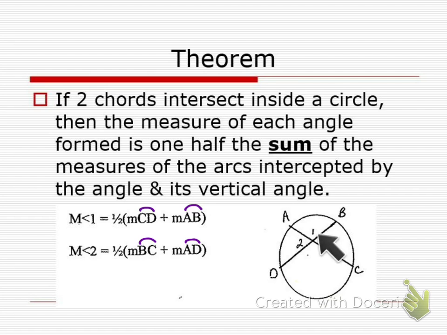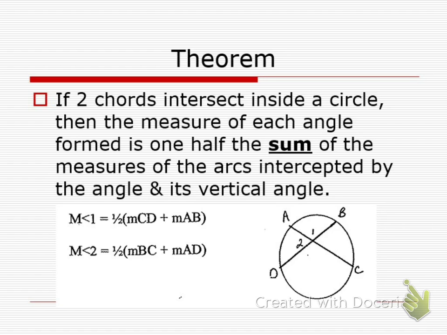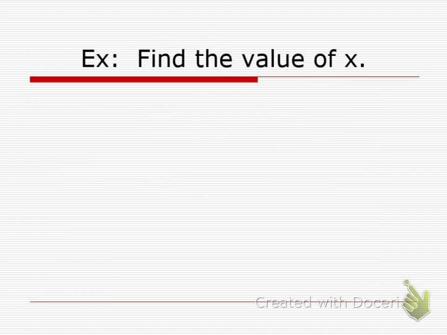If I were to find angle 1, I should be able to know angle 2 by taking 180 minus angle 1. That relationship is still true because they are still a linear pair, meaning they're supplementary. So if you take 180 minus angle 1, that would give you angle 2. Angle 1 plus angle 2 would have to add up to 180.